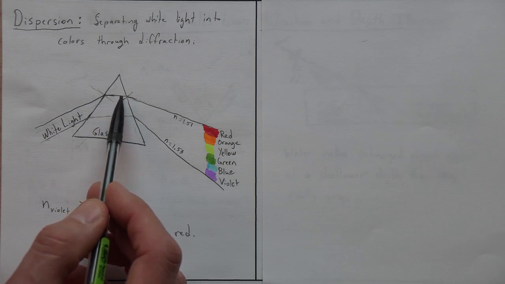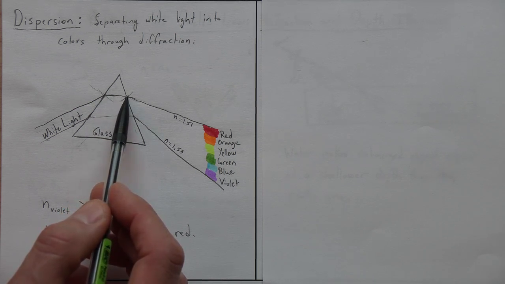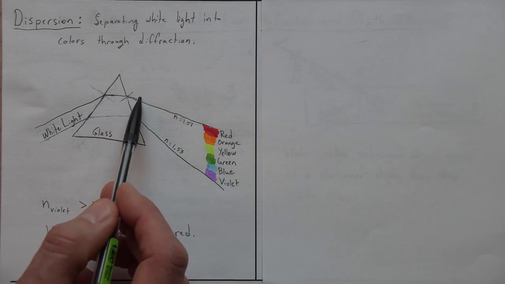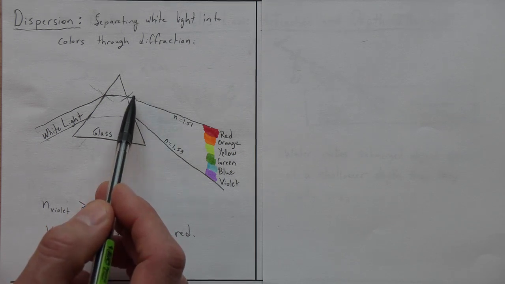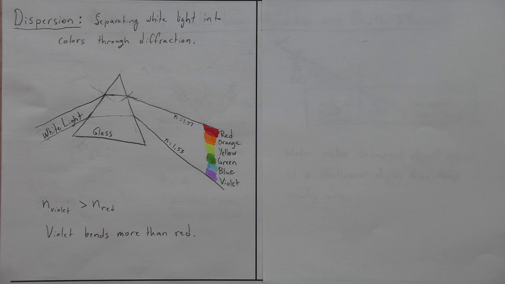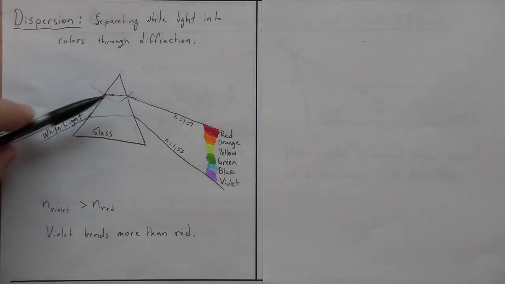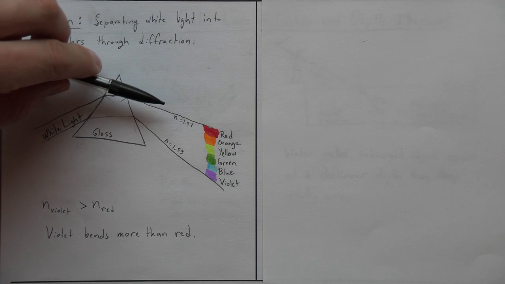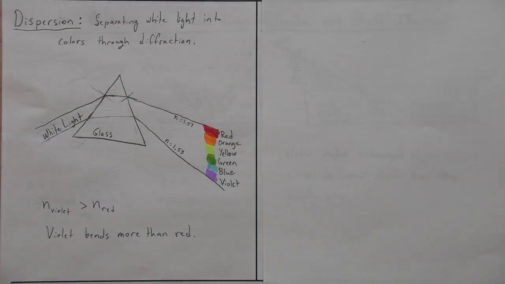Now that light goes through the glass, hits air again, and here's the normal. Instead of going straight, it bends away from the normal because we're going to a lower index. So it bends twice. Once right here, and then when it hits here, it bends again.